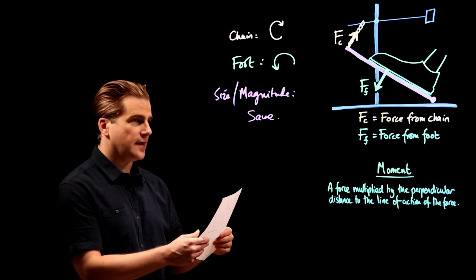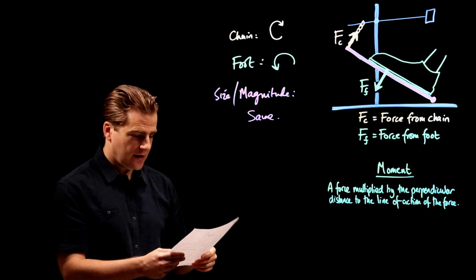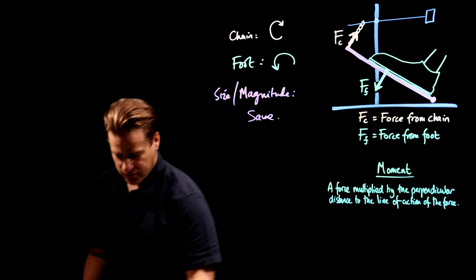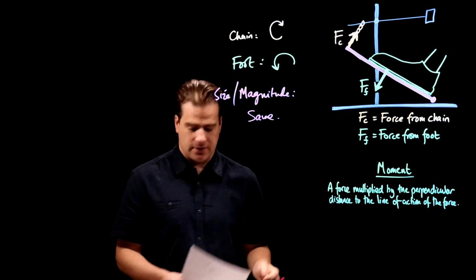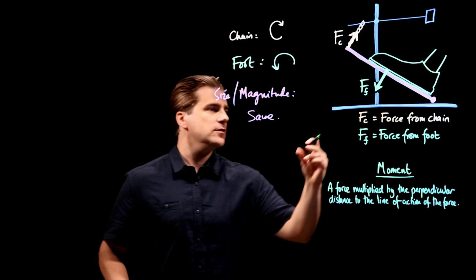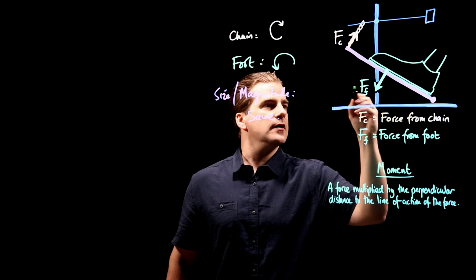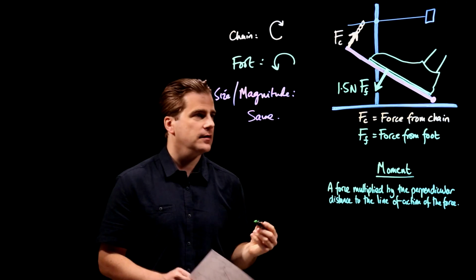Right, next bit. We have to work out the force due to the chain, and we're told we have the following information. The force from the foot, FF, is 1.5 newtons. Okay.